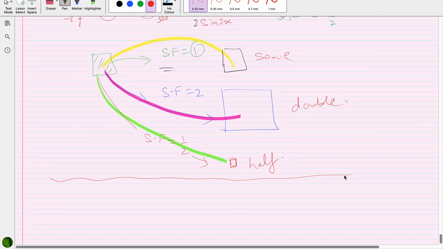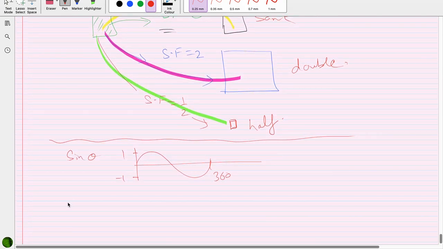Now if I quickly sketch a graph of sine theta, it looks like this, completes in 360, this is 1, this is -1. New graph for comparison to sine theta, this still completes in 360 but with a vertical stretch of 2 and -2.